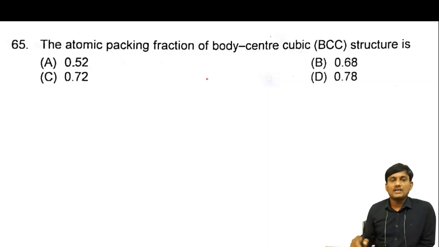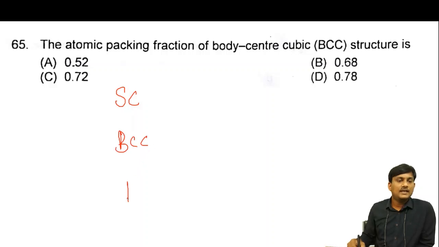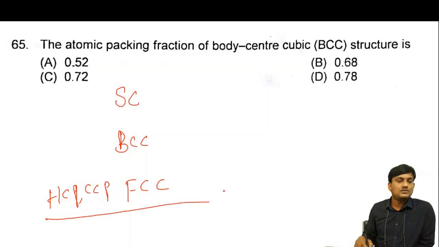The atomic packing fraction of body centered cubic structure is... Suppose you take a simple cubic SC, BCC and FCC, we have FCC, HCP and CCP. These are close packing structures. In this case, what is the atomic packing fraction?